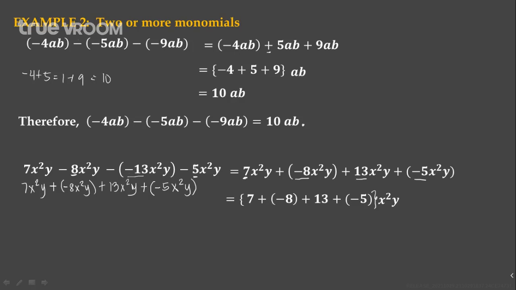So you are going to combine the numbers, boss: 7, negative 8 plus 13 plus negative 5. And then you copy x squared y because they are all x squared y. So you just need to write one x squared y. Okay? Understood this one?